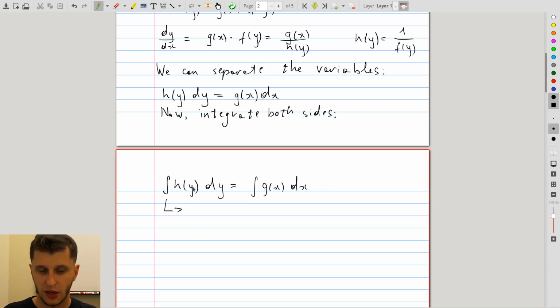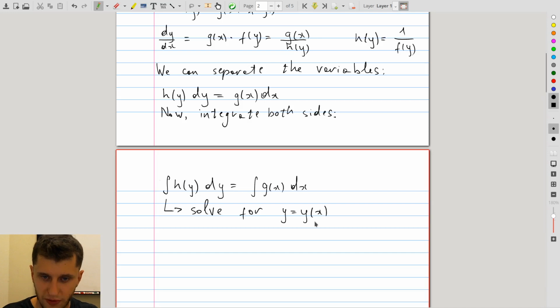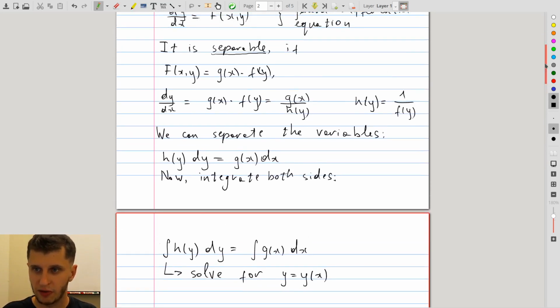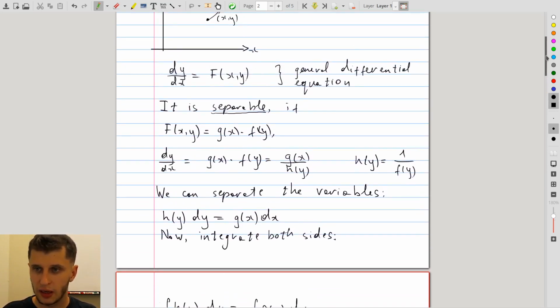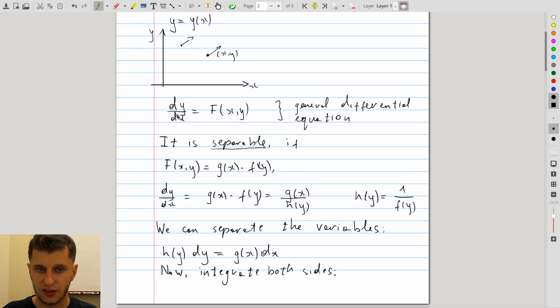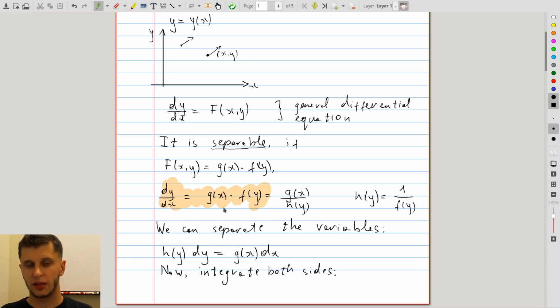So the claim is if we solve this for y as a function of x, we get a solution to our original equation. So we will then find a function y of x such that if we plug it into the original equation, we will get an identity.